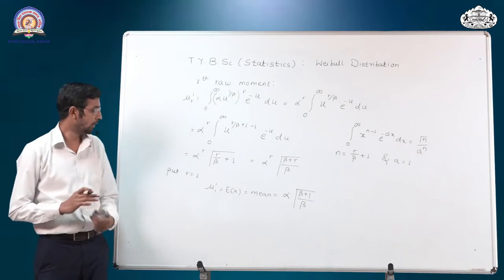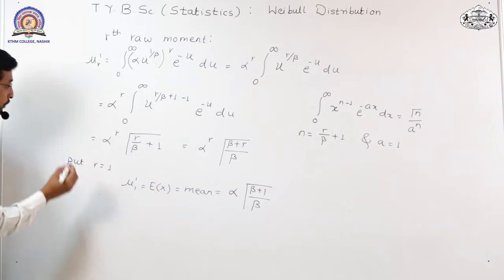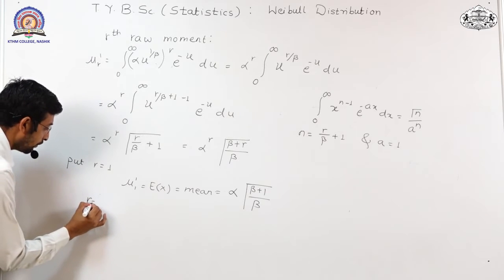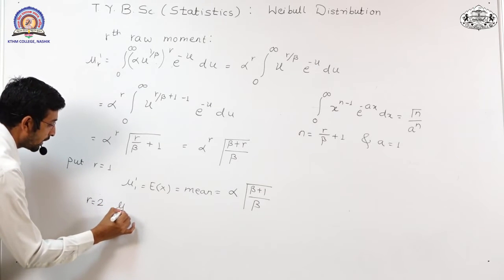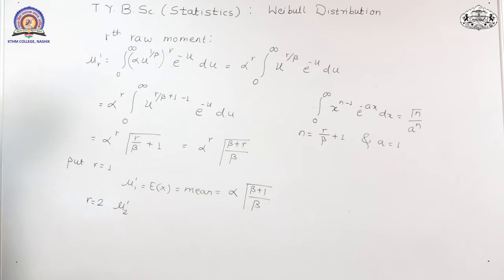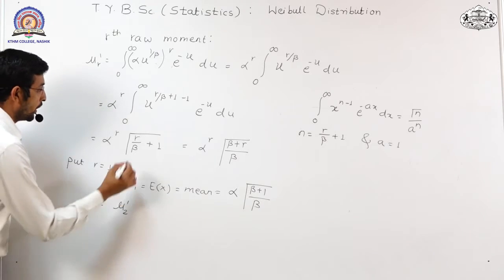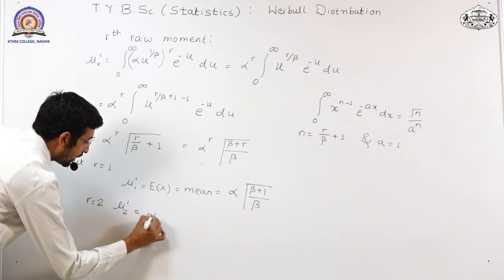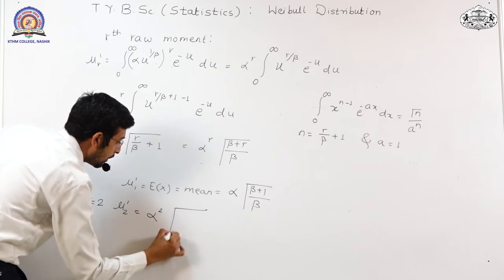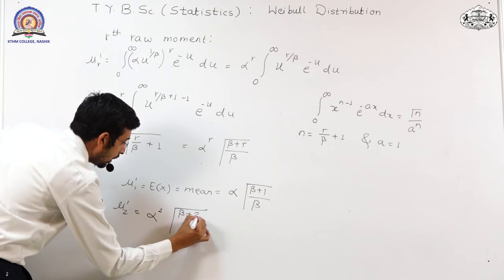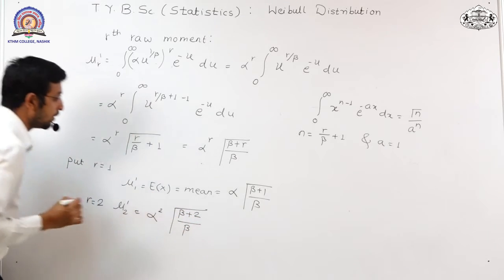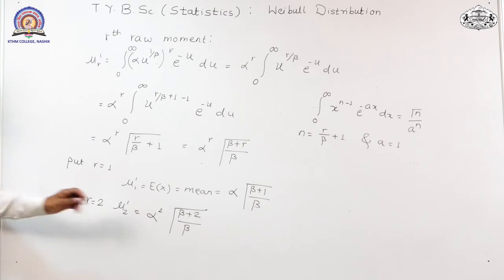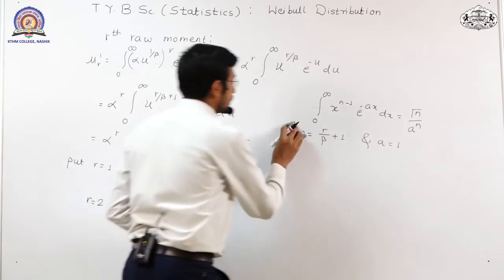If you want to find the variance of the Weibull distribution, firstly we need the second raw moment, that is mu2 dash. In that case we put r equal to 2 into the rth raw moment, which is equal to alpha square gamma ((beta plus 2) upon beta). This is the second raw moment of the Weibull distribution.